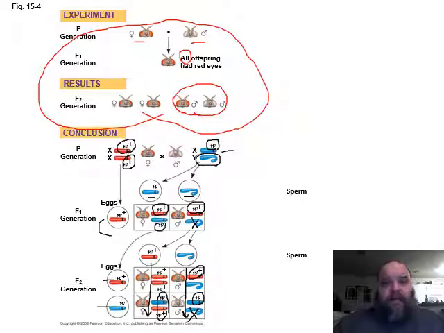We now look at this as proof positive that Mendel's characters, his traits, have to be carried on chromosomes, have to be carried on specific chromosomes.